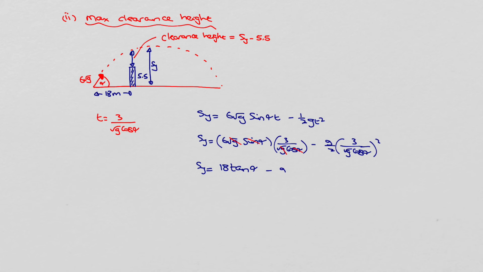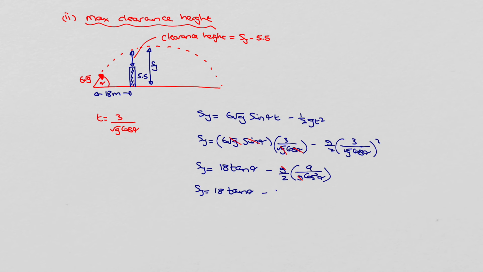And then squaring out my brackets there, we end up with 9 over g cos squared alpha. And we know already that 1 over cos squared alpha is sec squared alpha, which is 1 plus tan squared alpha. So subbing in that, we end up with 18 tan alpha. G goes into g.